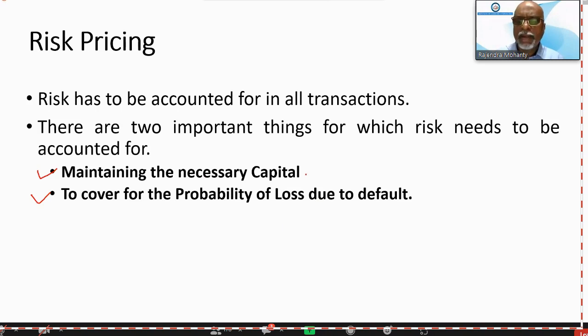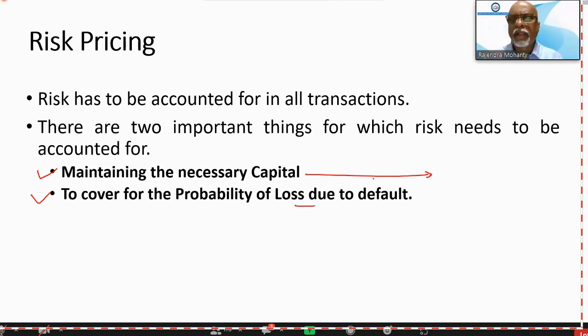Now in maintenance of capital, what is the cost involved? The probability of loss due to default cost is how much you are losing by NPA or default by the borrower. So that is the cost of loss due to default. Now what is the cost involved in maintaining the necessary capital?